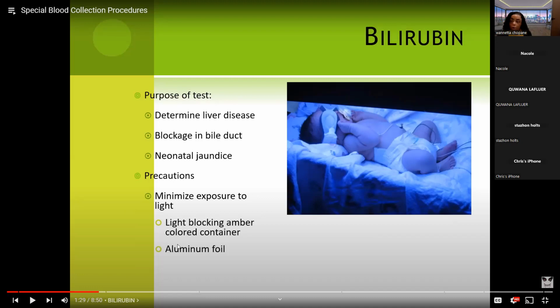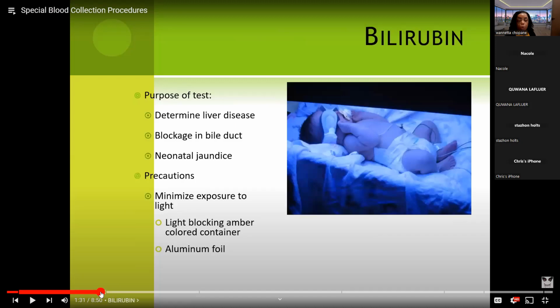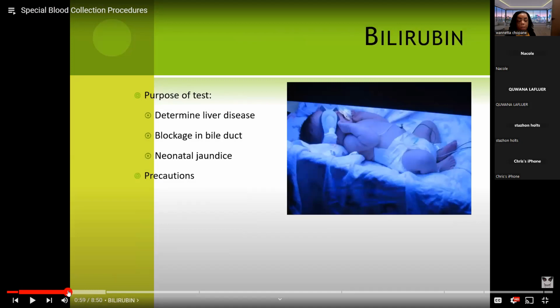So what do you need to know? If you draw a bilirubin, that is a blood test that needs to be protected from light. Will you see it again? 1,000 times. As background, the reason the doctor is drawing a bilirubin is that something is wrong with the patient's liver, so to speak.